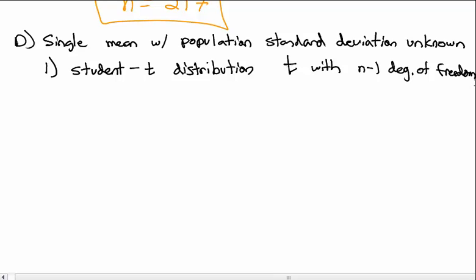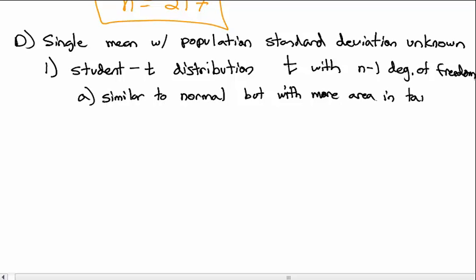We have these degrees of freedom with the student t distribution. The student t distribution is actually very similar to the normal distribution, but with more area in the tails. The more area in the tails makes up for not knowing the actual standard deviation.